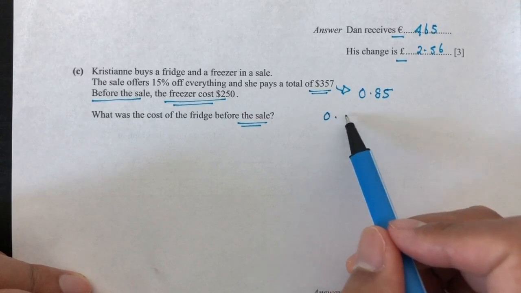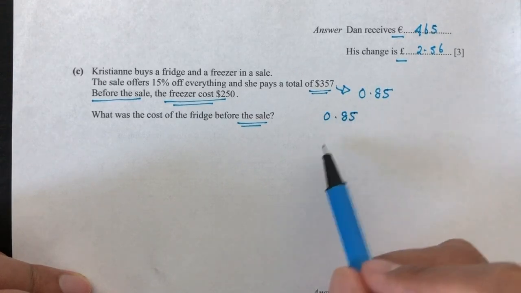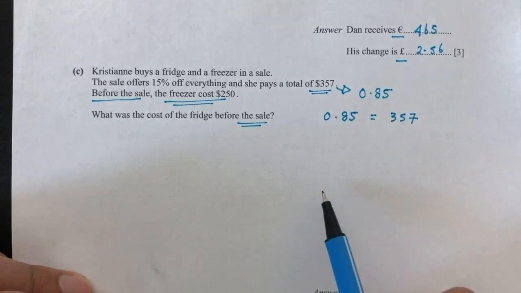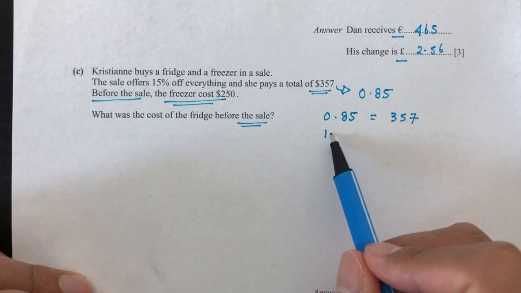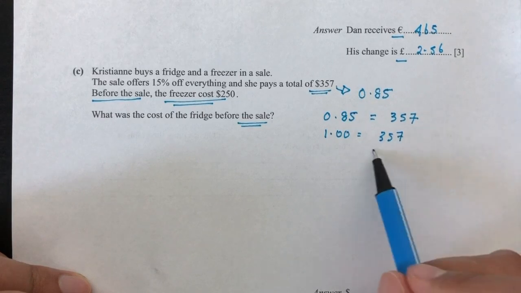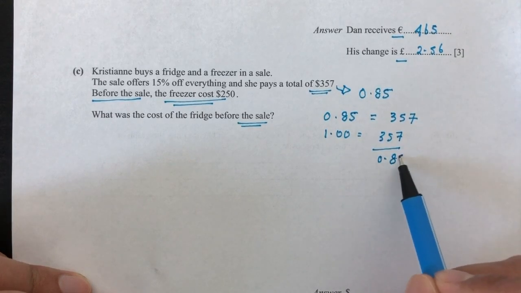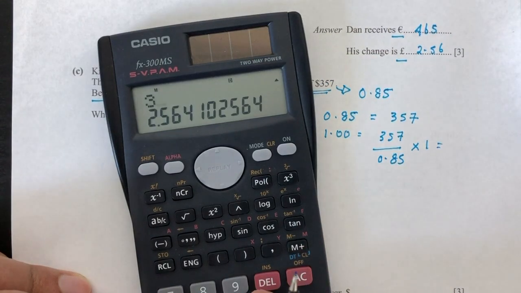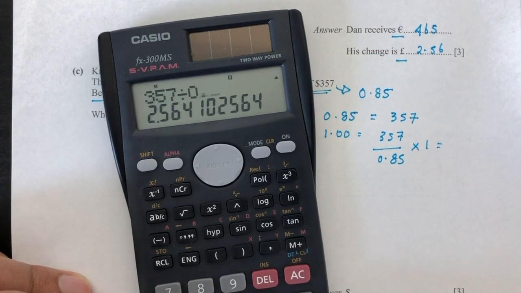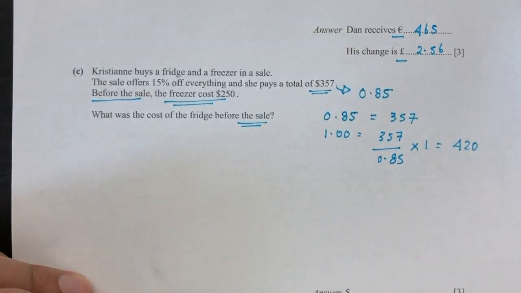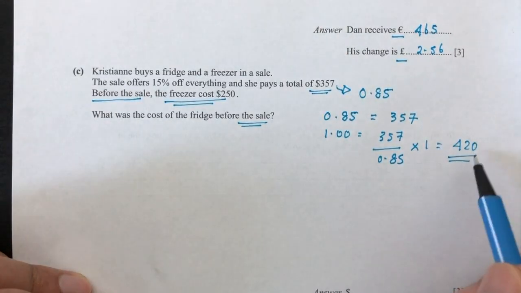So we know that after the sale, which is 85%, equals 357. So what is the price at 100%, which is 1? That will be 357 divided by 0.85 times 1. That will be 420. So the cost before the sale will be this much.